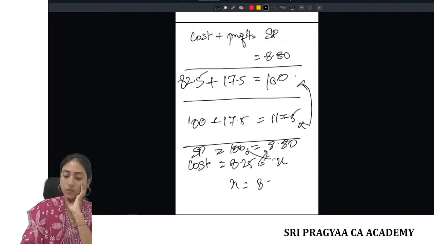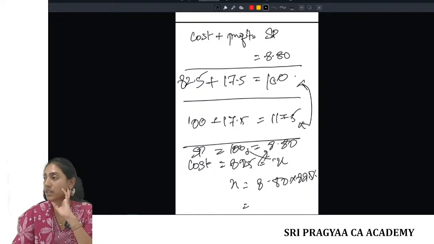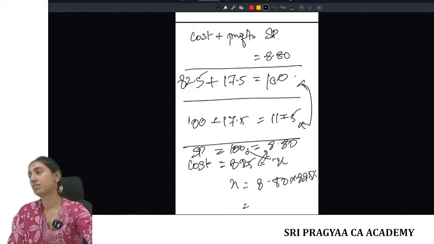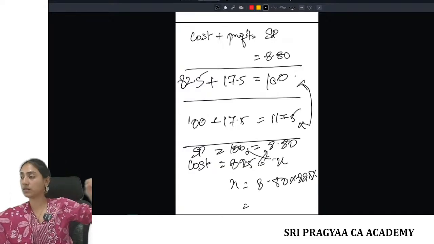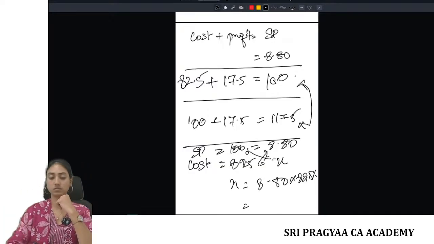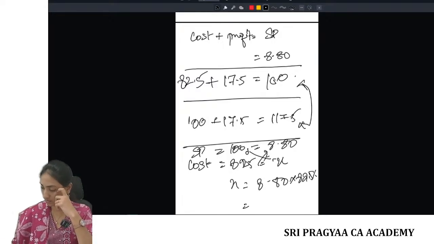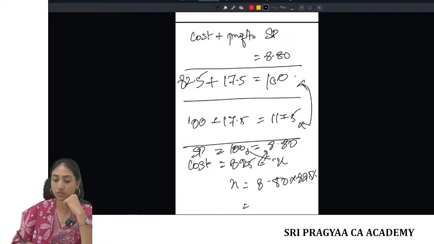So x is equal to 8.8 into 82.5%, which is... calculator. 7 point.